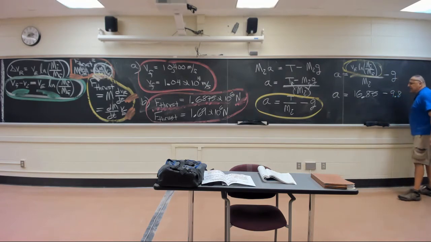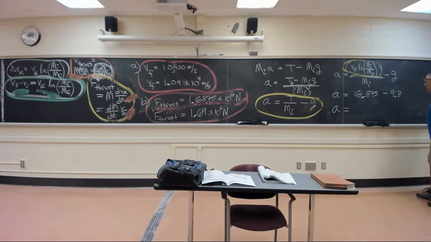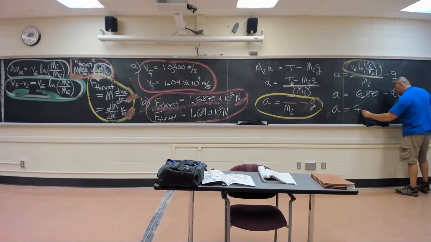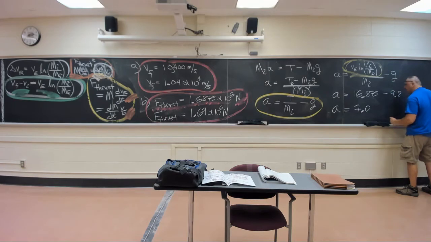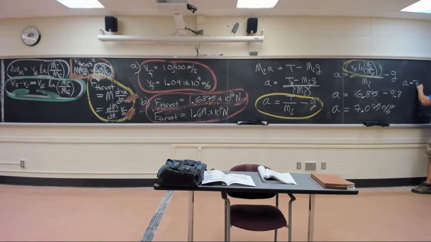They got 1.69. I'm gonna see how they wrote that when they actually do it. When you do this, you got 7.075. Guess that rounds off to 7.1. My guess is, let's look over there. They got 7.1 meters per second per second.